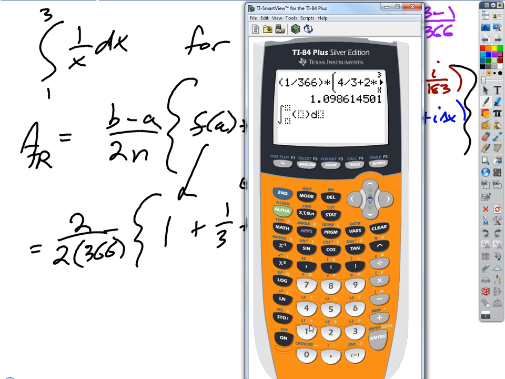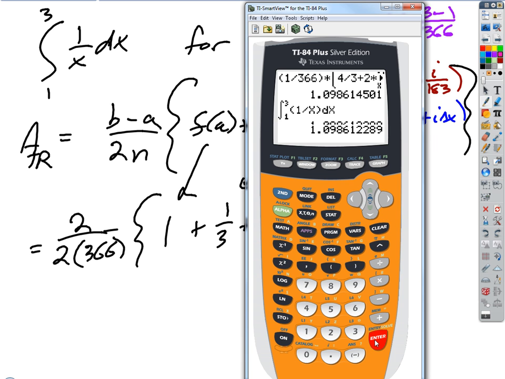So 1, 3, 1 divided by X. And look at that. Then we said the error had to be no greater than 4 zeros and a 1. Well, let's check this. 1, 2, 3, 4 were the same out to there. And then the next one is the same also. Right? So it made it. Okay. Isn't that cool? All right.